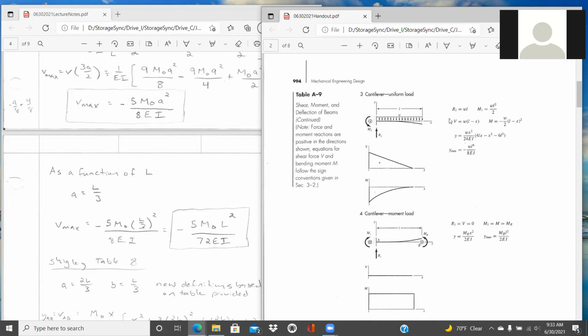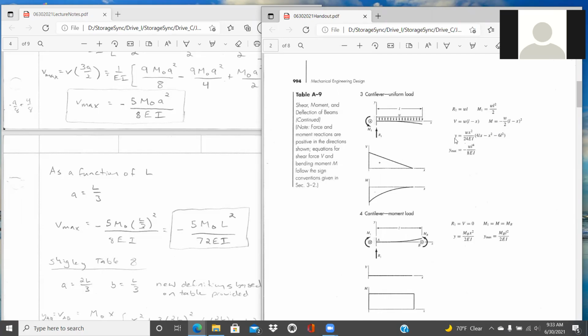One, they will tell you what their reaction forces are as a function of the distributed load and the geometry, the length of the beam, as well as the reaction moment. So those are a couple values that you did not get directly from Hibbler's tables in the back of the book. They also give you what is the internal shear and moment as a function of X.